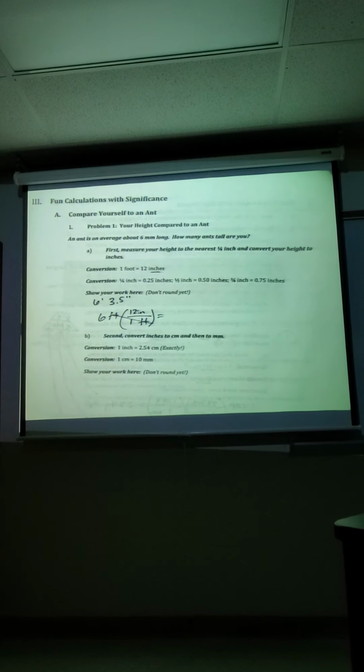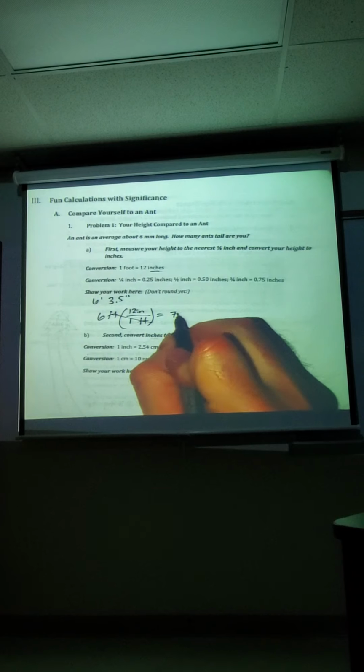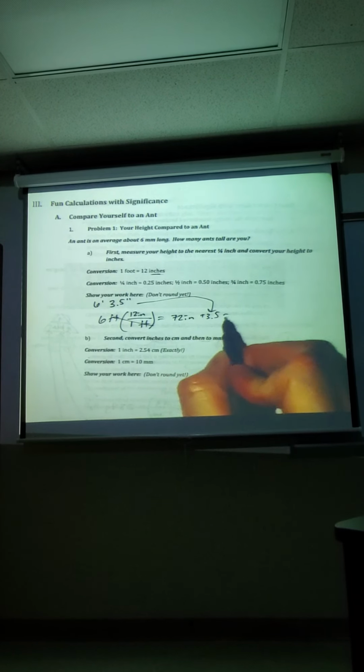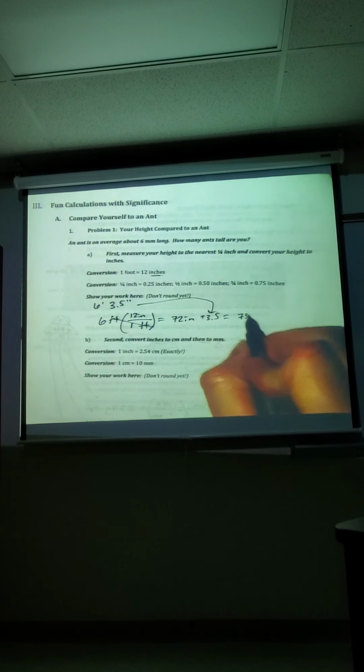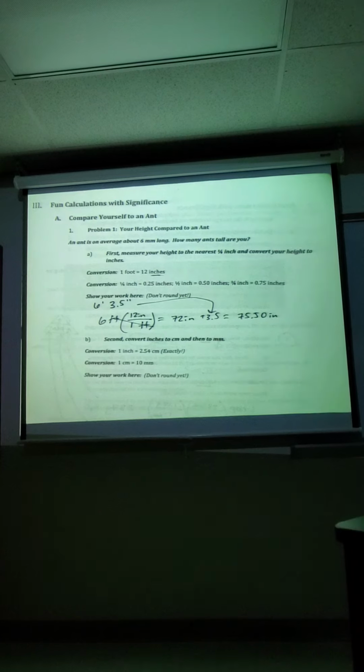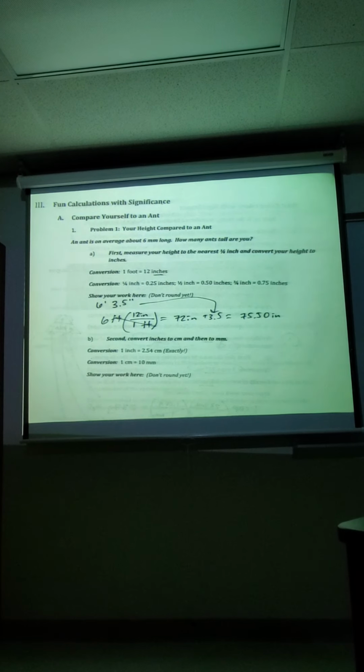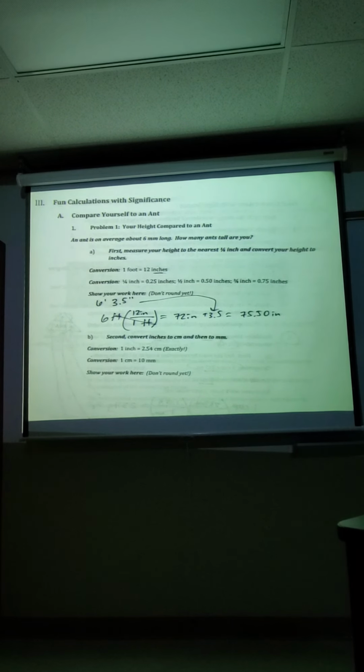Feet cancel. And then you have 6 times 12, which gives 72 inches, plus the extra 3.5 inches in height. For me, that is going to be 75.50 inches. So as exact as you know your height, you can use that to give you more significant figures.